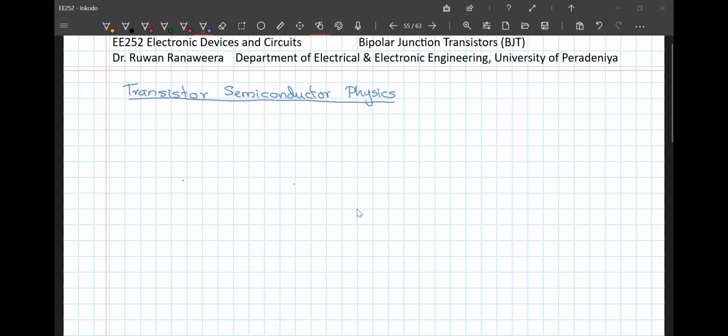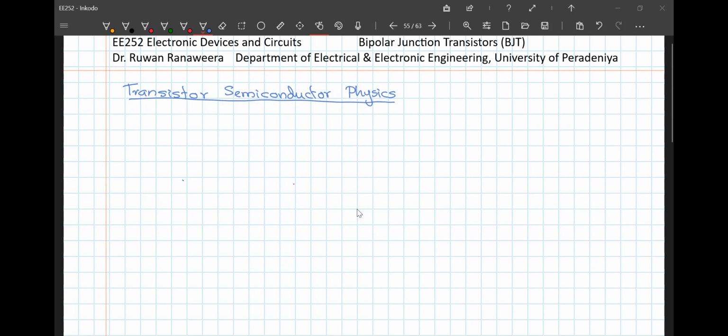Then if you want to create a junction, you need to have a P-type area. In order to do that, we expose this N-type semiconductor to a specific type of dopant or impurity, for example, aluminum.